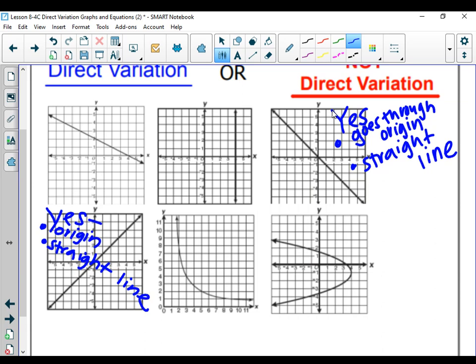Drake, why do you think she didn't pick this one? Because it doesn't go through the origin. Nice! It's a steady decrease, but it's not going through that middle dot. Zach Elster, why do you think she didn't pick this one?